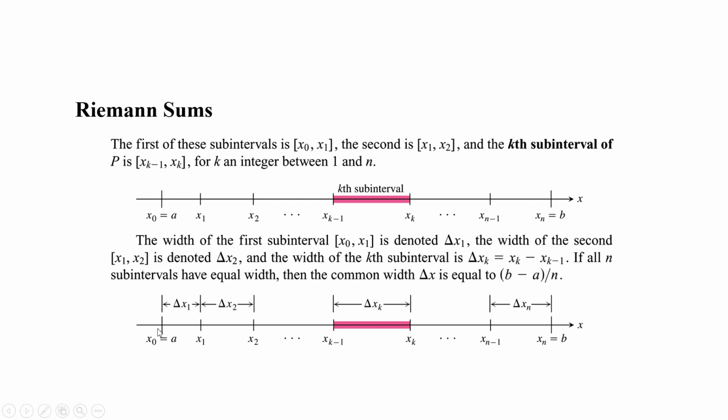Since widths are not equal, this time we don't write delta x. Widths are assumed to be unequal. So the width of the first interval is delta x1, the second delta x2, and so on. The width of the kth interval is delta xk, and the last interval is delta xn.